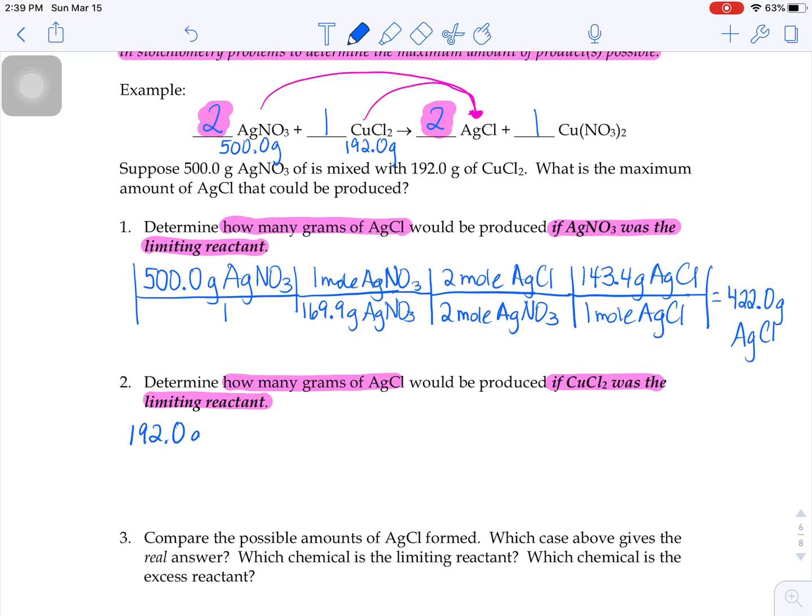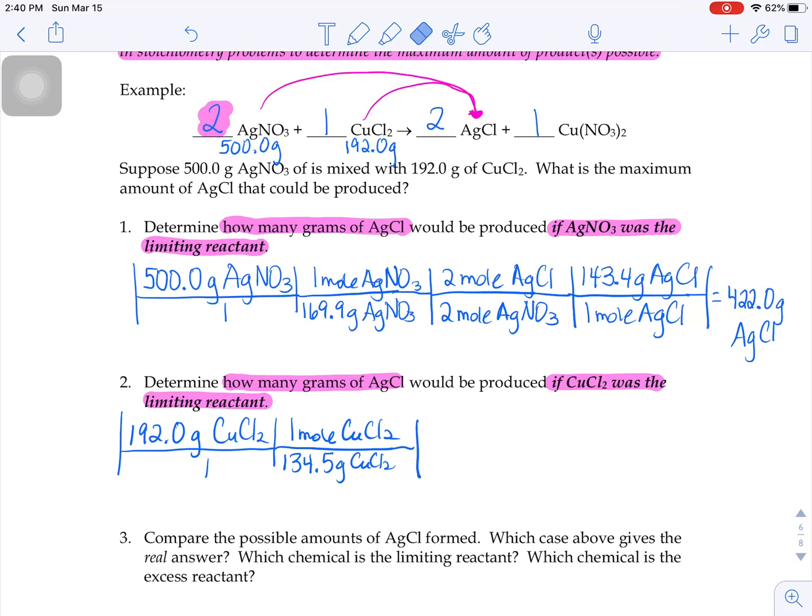So we start with that 192 grams of copper 2 chloride, and just like above, we have to convert grams of copper 2 chloride to moles of copper 2 chloride using its molar mass. Now that you're at moles of copper 2 chloride, we need to use our balanced chemical equation so we could get from moles of copper 2 chloride to moles of silver chloride, the one we're comparing our reactant to.